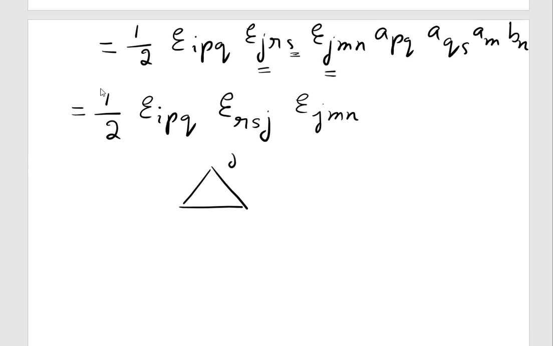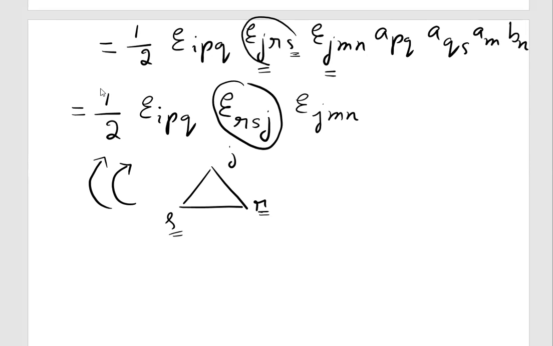This is j, this is r, and this is s. So jrs is cyclic, clockwise. Now what about rsj? That is also cyclic. Both are in the same direction, no? So no sign change. This is equal to epsilon jrs. Fine. So no sign change.